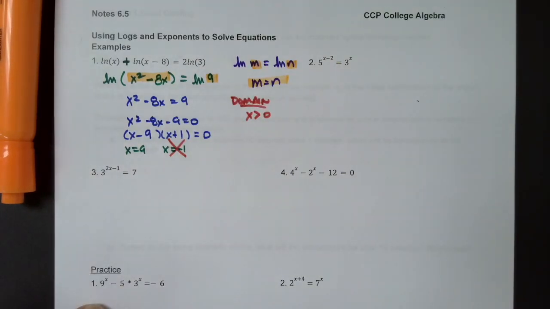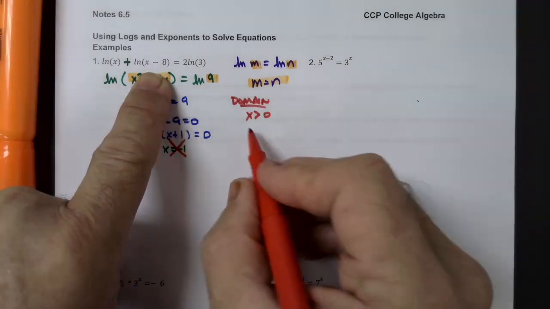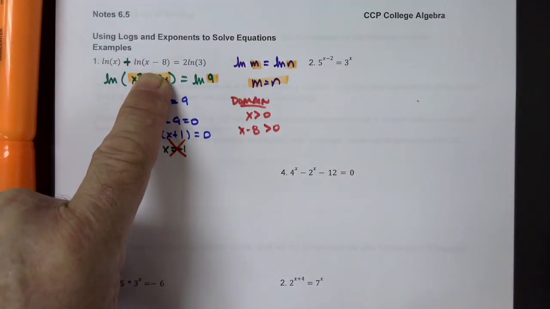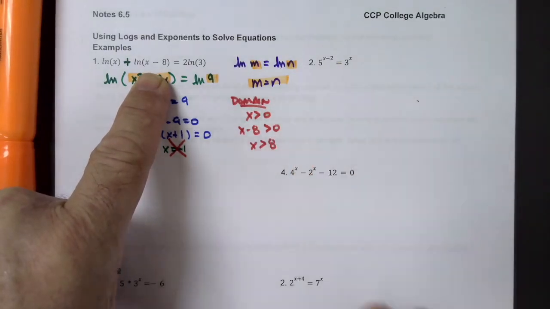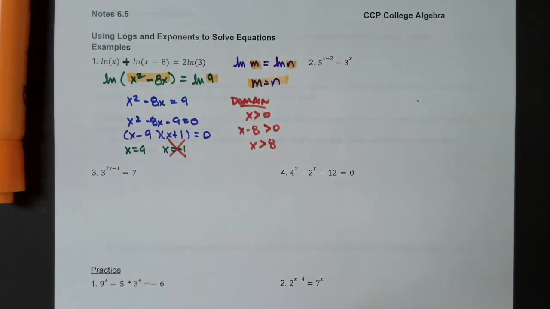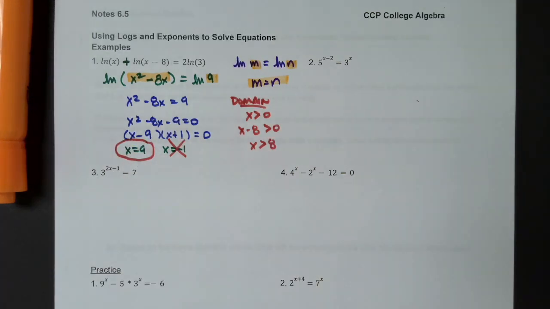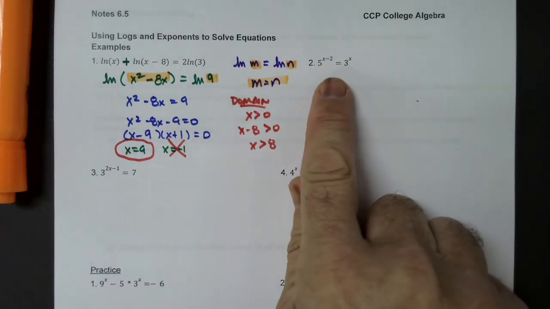But let's not stop there, because there's another expression, this x minus 8, that also has to be greater than 0. Adding 8 to both sides, x has to be greater than 8. Take a check over here, and 9 is definitely greater than 8, so it is in our domain. So that is our solution. Only one solution out of that one. All good? All right, next one.